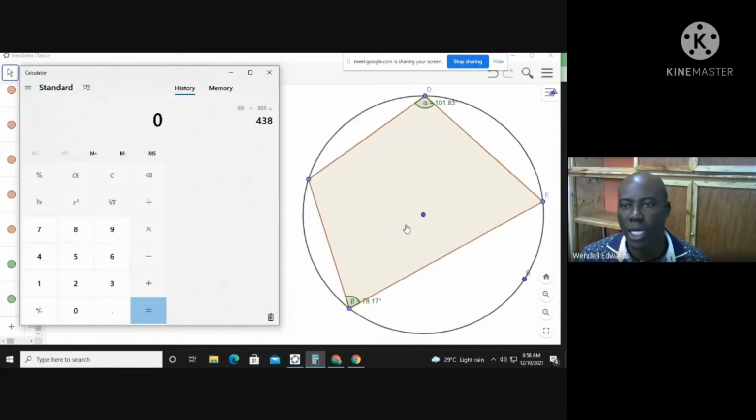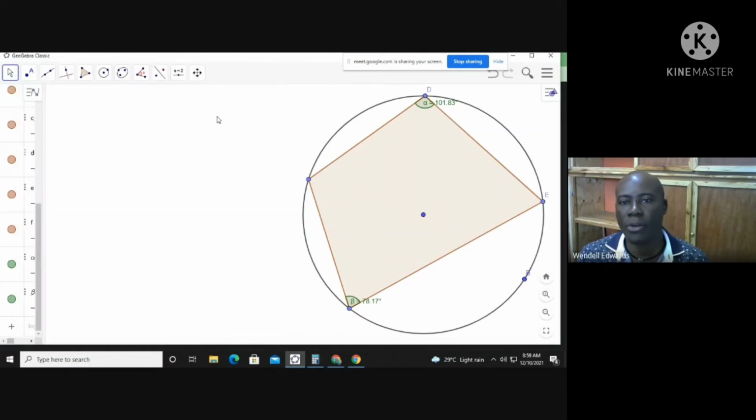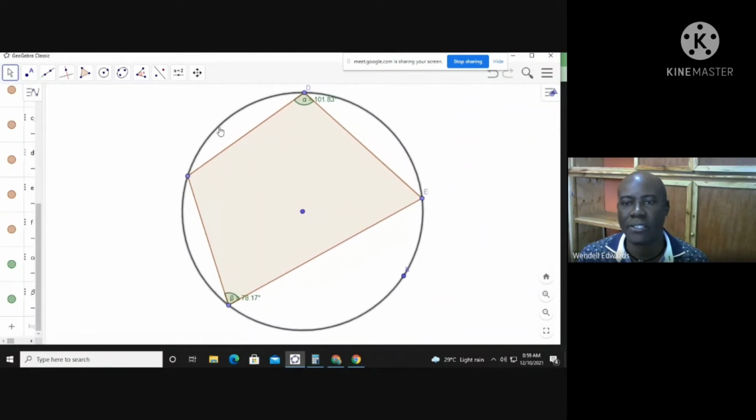So let's check: 101.83 plus 78.17 should give me 180. See that? So we get 180 up here. That's what we're saying, that when we add opposite angles in a cyclic quad, we will get 180 degrees.